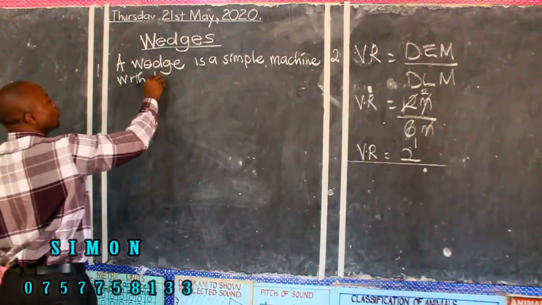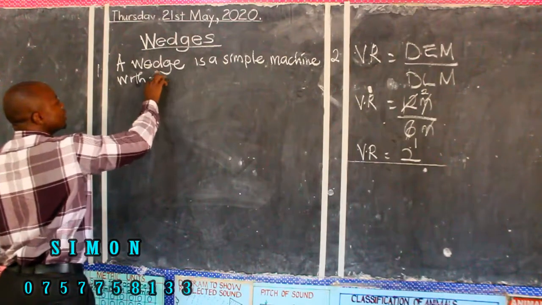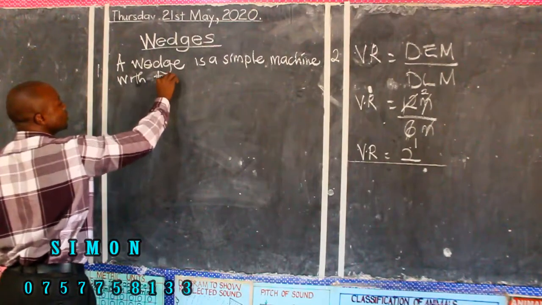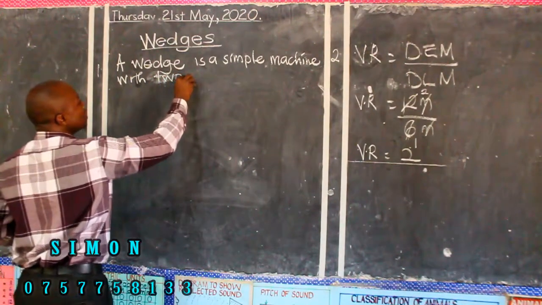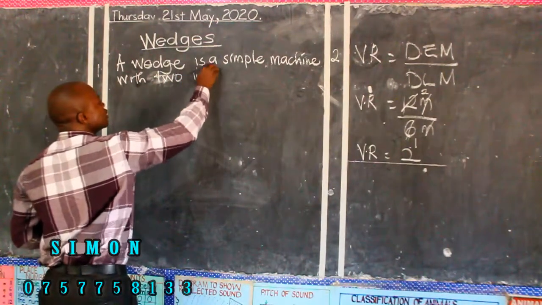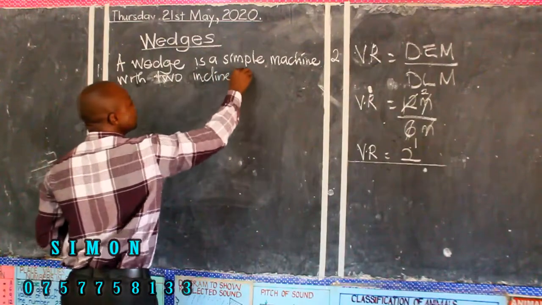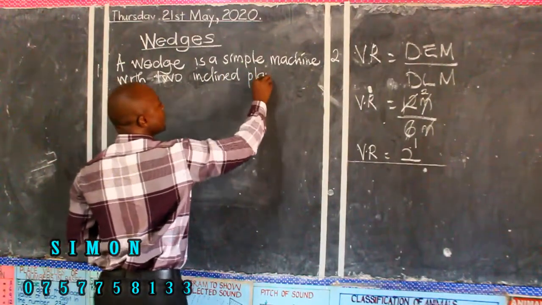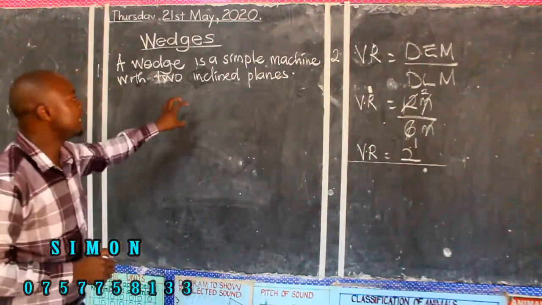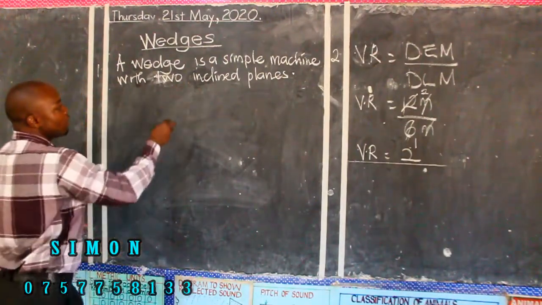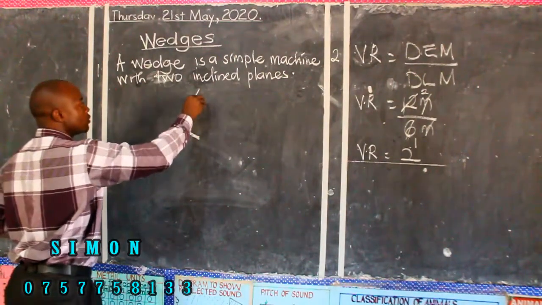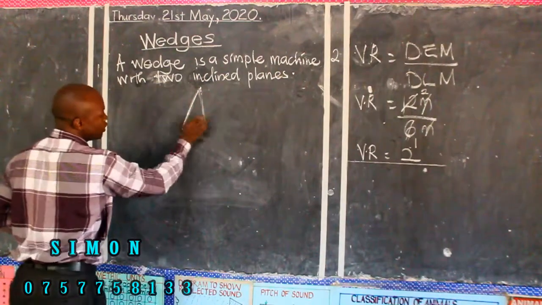A wedge is a simple machine with two inclined planes. With the two inclined what? Planes, or double inclined planes. Meaning, shall we get this side? 2 inclined planes.